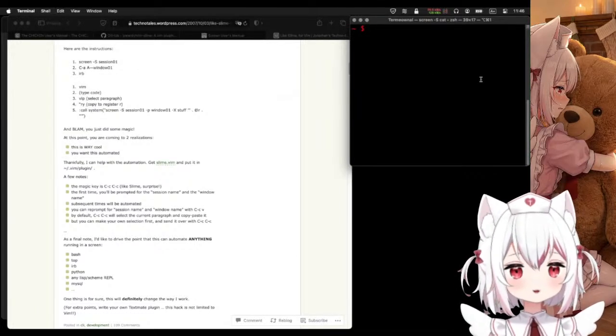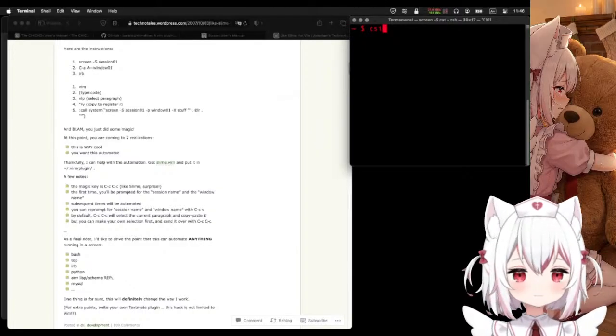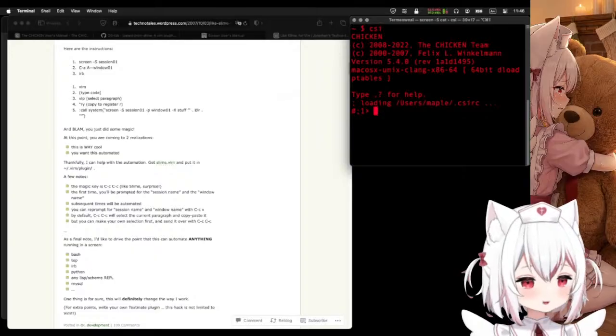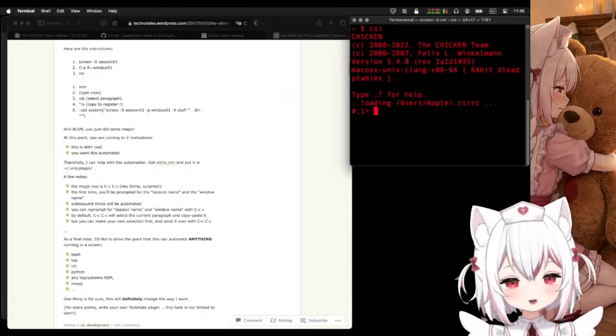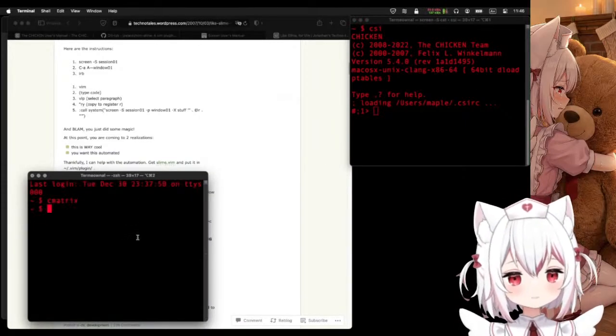Then we open chicken, because I don't know what the heck herb is. I'm not using Ruby. Okay, we have chicken. Now I'm gonna open another terminal window.